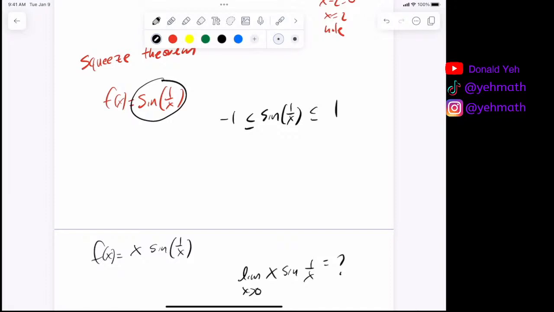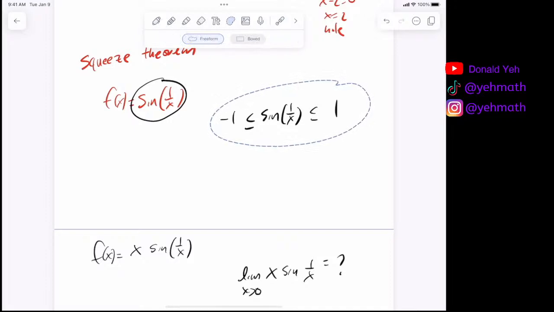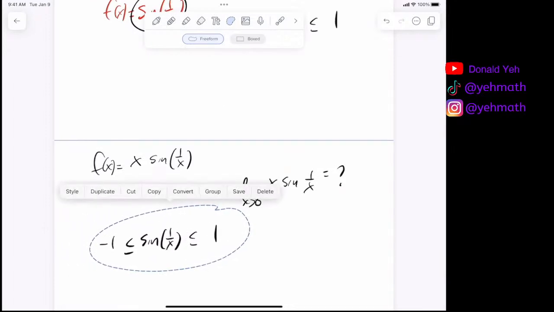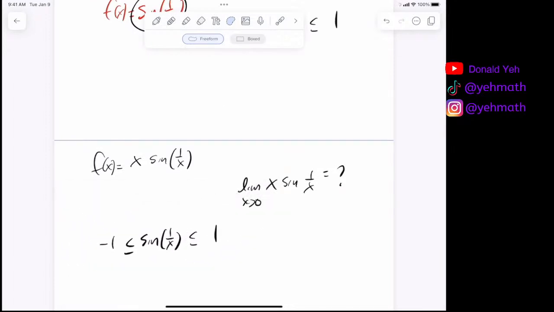So I'm going to go back to this. First of all, I know this is true. But this is not the same as the function I gave you. So how do I make it the same?